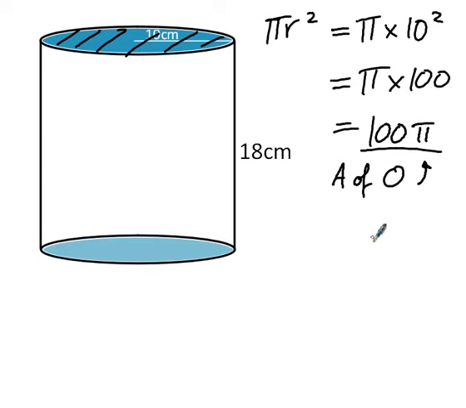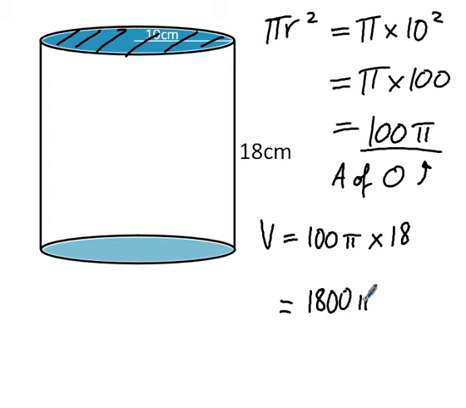Now I need to find the volume, so I need to multiply 100 pi by 18. So the volume equals 100 pi, that's the area of the circle at the top, multiplied by the height, which is 18. So I get an answer of 1800 pi. Now that's as accurate as I can leave it.